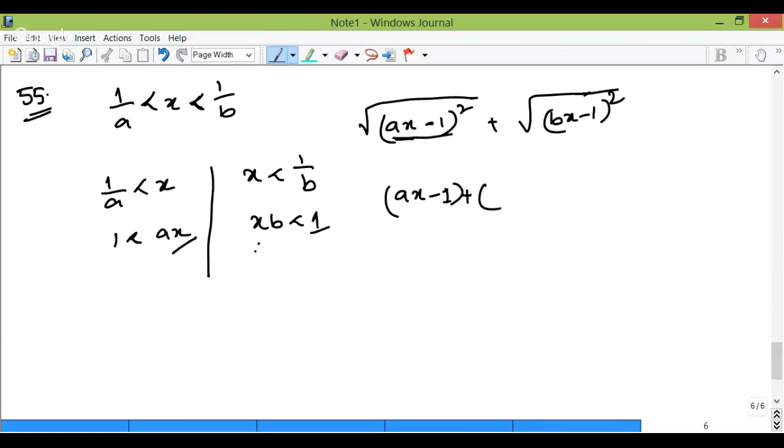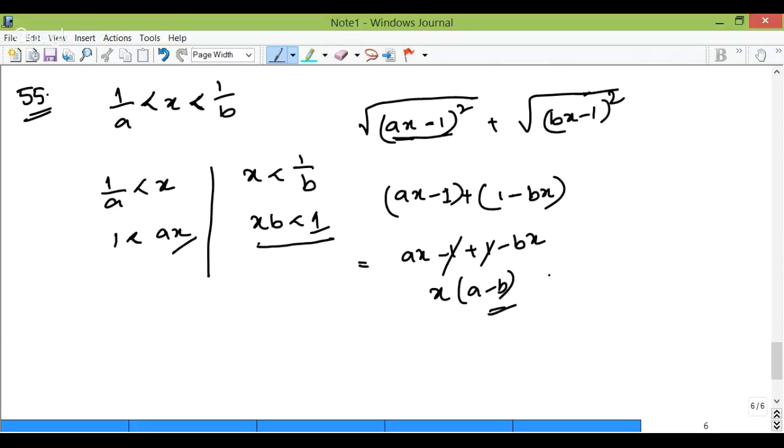Now check the second condition, bx is less than 1. So we have to take a positive number from the square root. We will write that bx minus 1 as 1 minus bx. Add these two. Plus bx, minus bx will get cancelled. When you take x common, it is a minus b. The answer is x into a minus b.